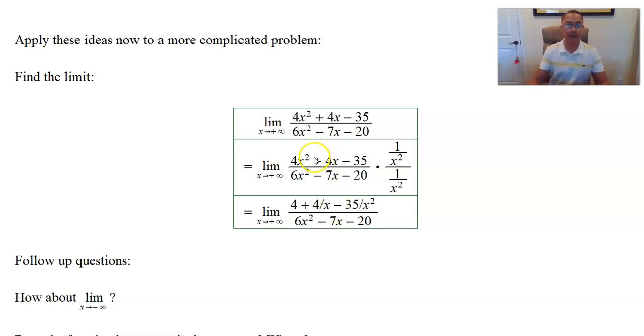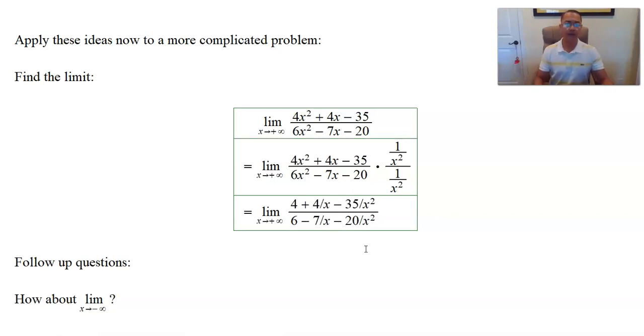Repeat for the denominator. So x squared completely goes away. Minus 7x becomes minus 7 over x, and minus 20 becomes minus 20 over x squared.